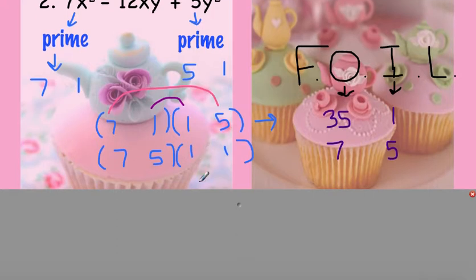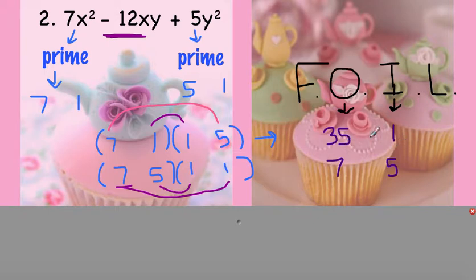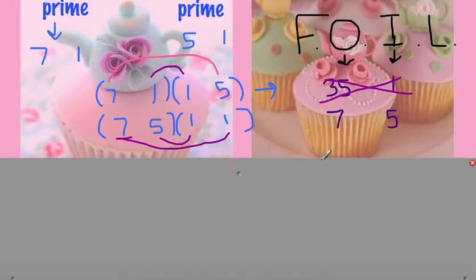Then for the option on the bottom, when we do our outer terms, we have 7 times 1, which is 7, and then 5 times 1, which is 5. We're looking for a 12 as our middle term, and hopefully you're able to see that whether we add or subtract the 1 from 35, it's not going to give us 12. So that's not what we want.